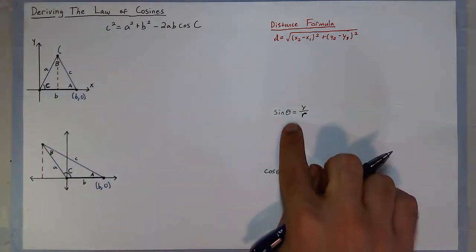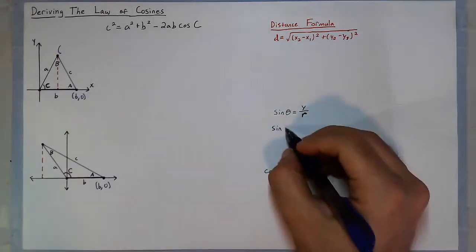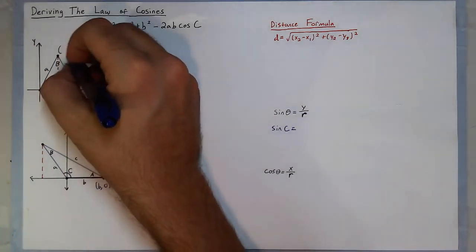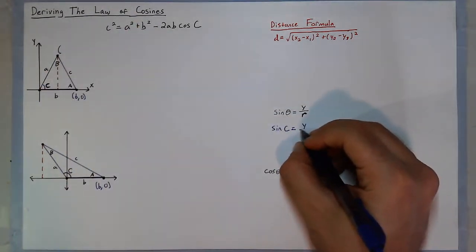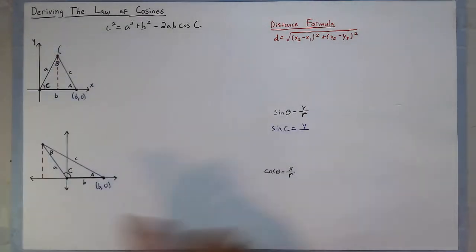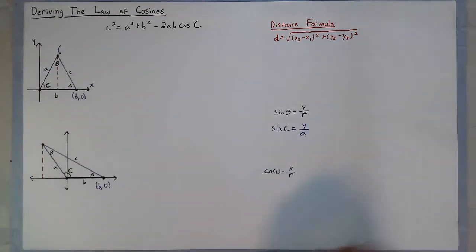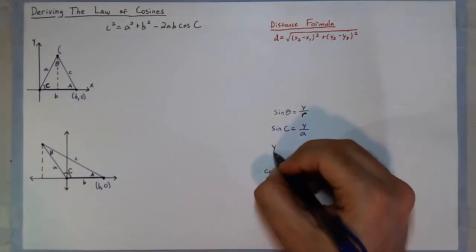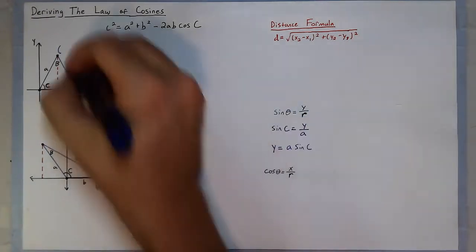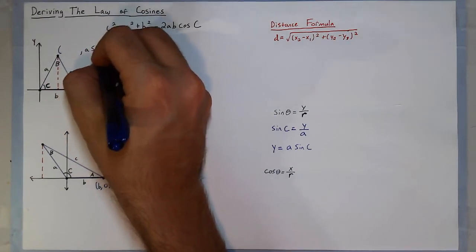So sine of, let's say, angle C is equal to the y coordinate, which I'm looking for, over the radius, which would be a if I imagine that circle of radius A. Now solving for y, I get y is equal to a sine of c. So the y coordinate would be a sine of c.